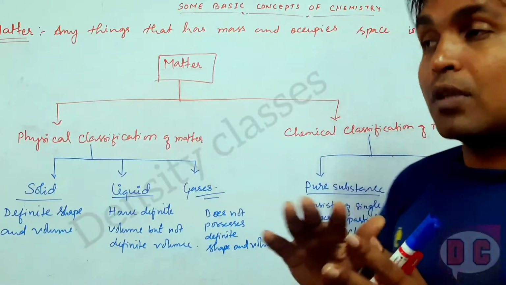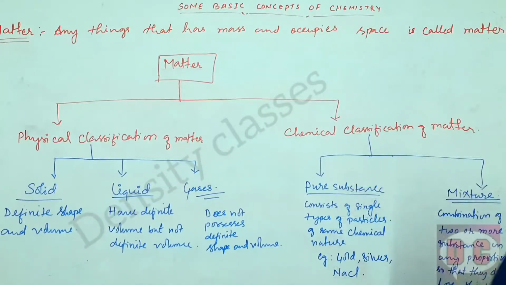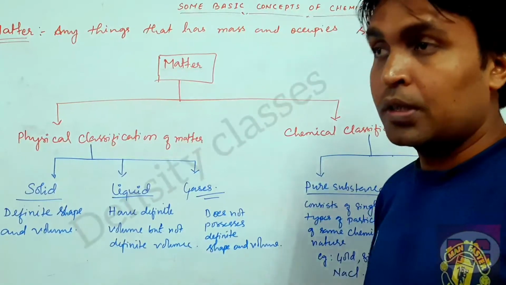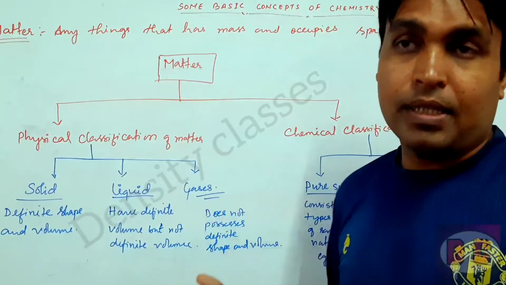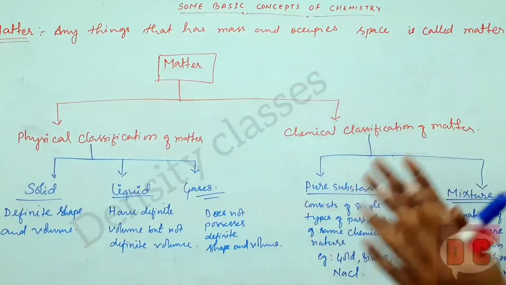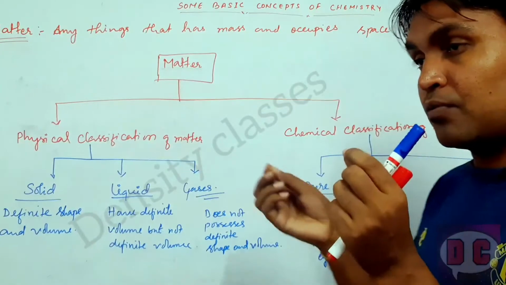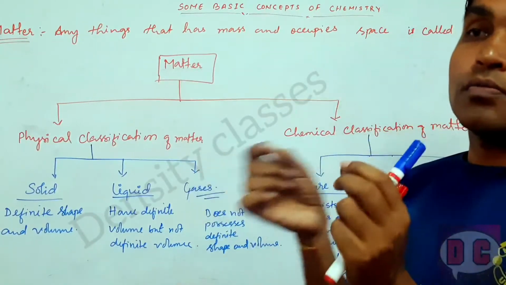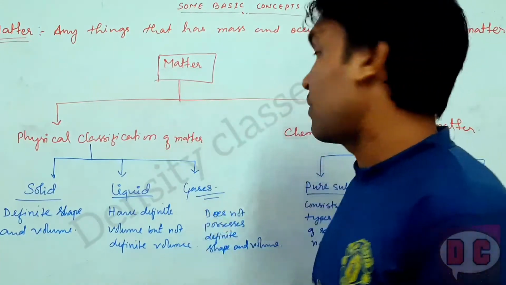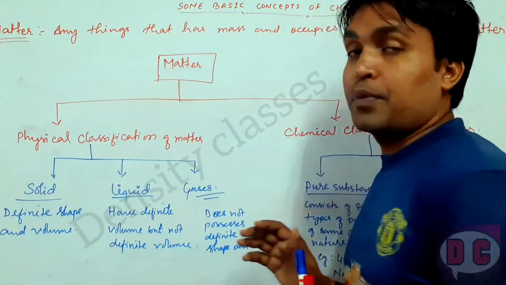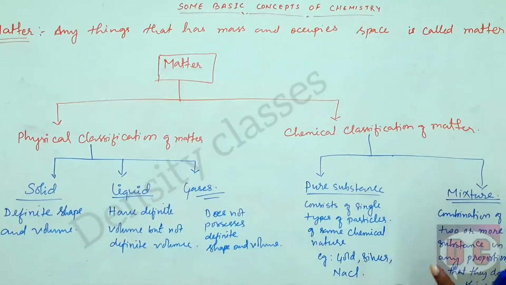Now, they will be called what? Pure substances. For example, gold, silver, and NaCl. All these are what? All the particles they are made up of have the same chemical composition. As a result, they fall under the category of pure substances. Okay, got it?